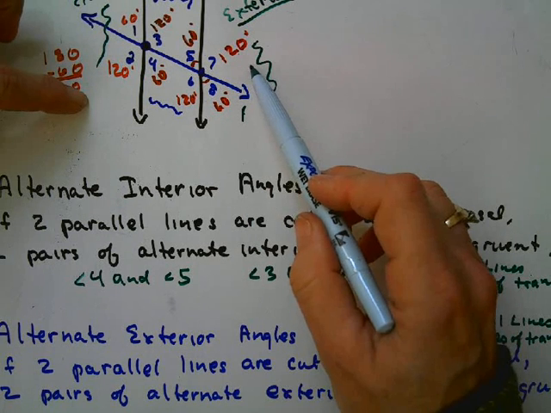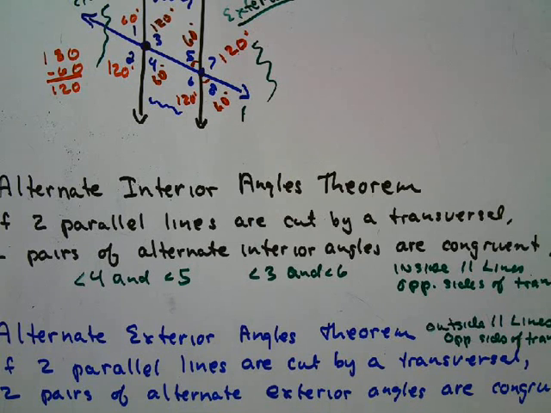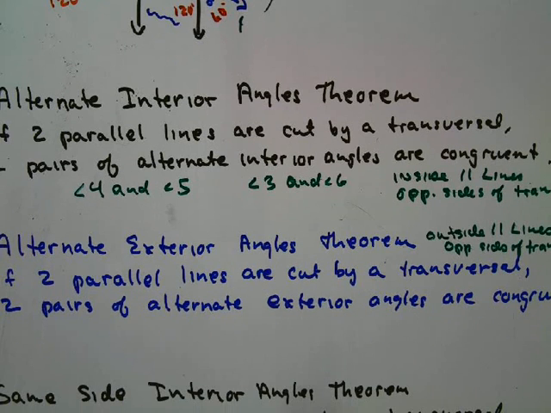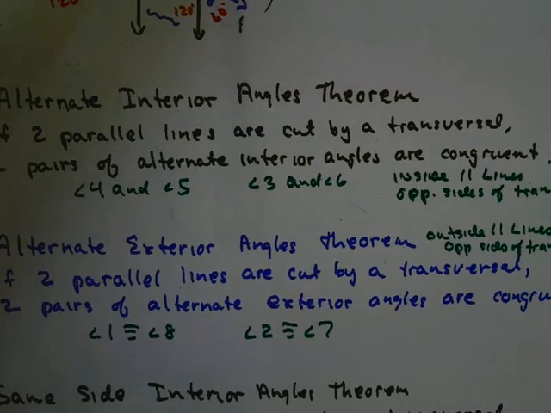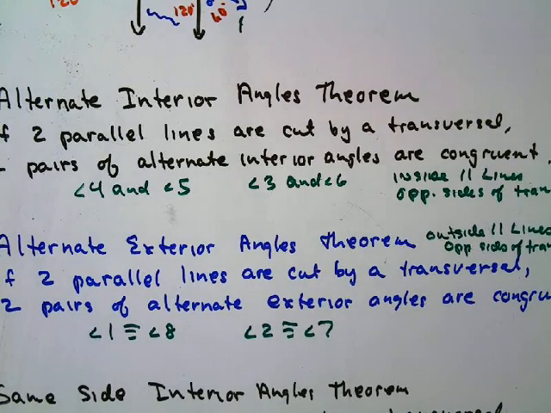They're both 120. So alternate exterior angles are angle 1 is congruent to angle 8. Angle 2 is congruent to angle 7. Outside the lines, opposite sides of the transversal, and they're both congruent. Let's see if I can get that. No, I think that's as small as it's going to go.